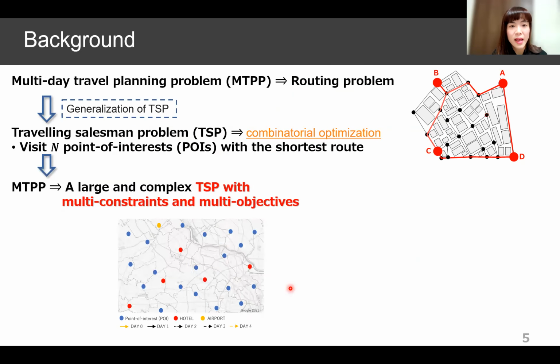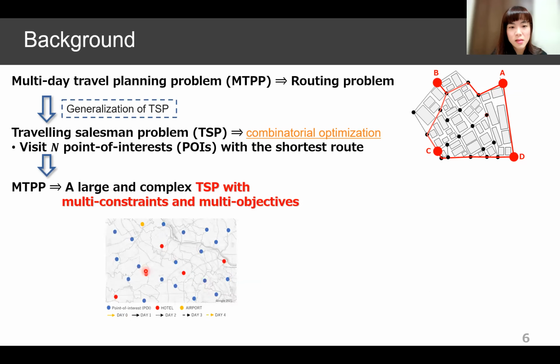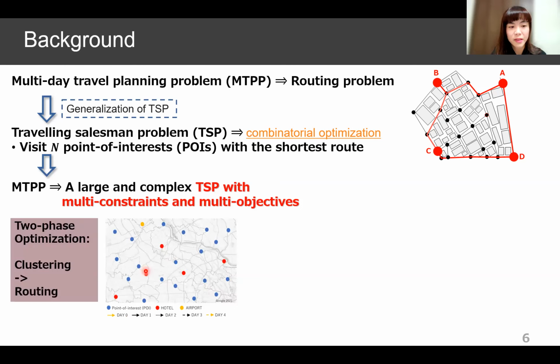As I mentioned before, the MTPP can be considered as a generalization of TSP. So we can solve the MTPP in the same way we deal with the TSP, solving the whole problem in one step. It's a one-phase optimization. On the other hand, we can also use the concept of clustering first and routing later.